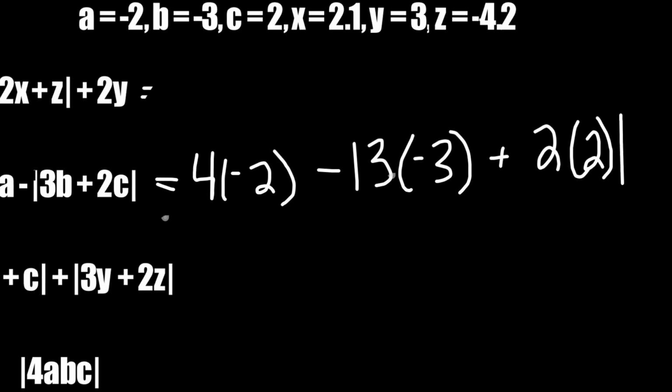So now let's solve. 3 times negative 3 is negative 9 plus 2 times 2 is 4, so negative 9 plus 4.